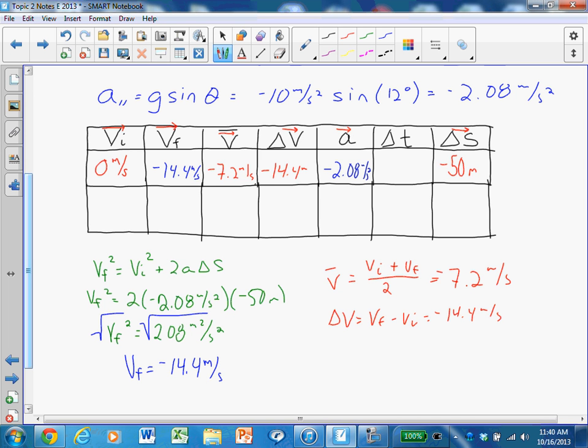How are we going to get delta T? Well, okay, now you were saying the delta S one, because you could use V bar as delta S over delta T here too. So we could use this, or we could also use, nope, it's the opposite way.